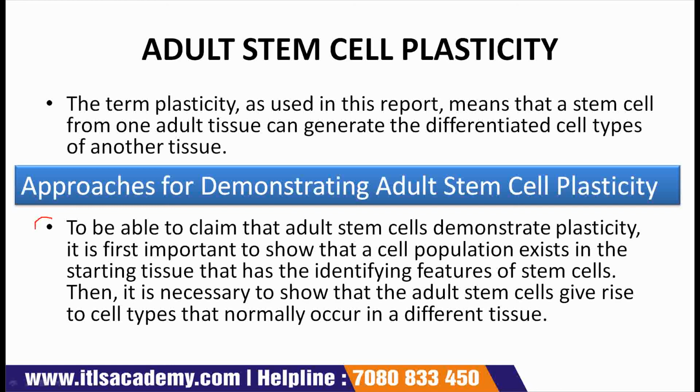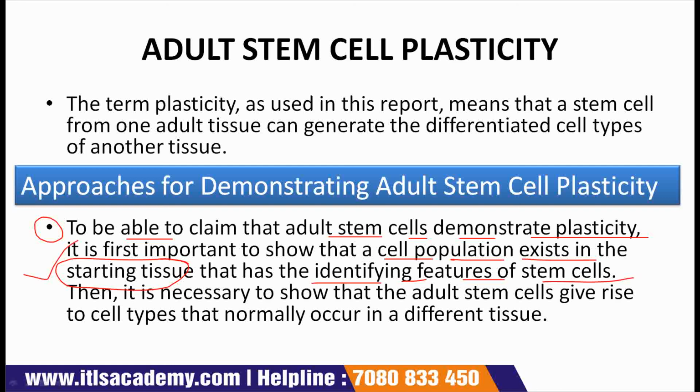To be able to claim that adult stem cells demonstrate plasticity, it is first important to show that a cell population exists in the starting tissue that has the identifying features of a stem cell.